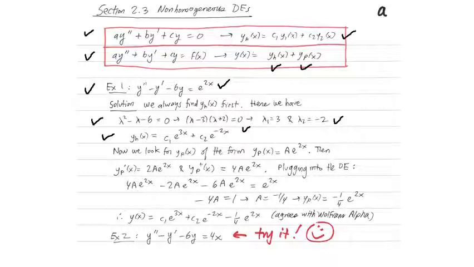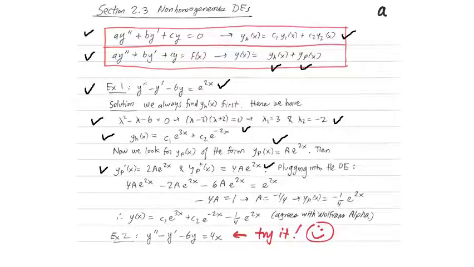Now, because we have an exponential right-hand side, it's reasonable to guess something like this for our particular solution, a constant multiple times that exponential. So that's what we're going to try here. We take that guess and take the first derivative of that and use the chain rule, and the second derivative using the chain rule again.